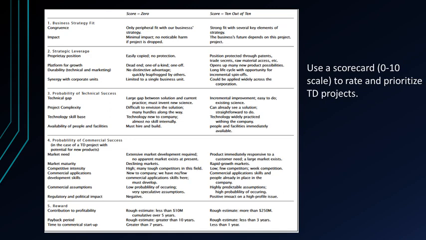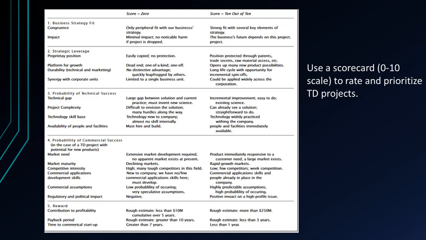Score 0 for technology skill base: technology new to company, almost no skill internally. Score of 0 for availability: must hire and build. Score 10 out of 10 for technical gap: incremental improvement, easy to do, existing science. For project complexity, 10 out of 10: can already see a solution, straightforward to do. Technology skill base, 10 out of 10: technology widely practiced within the company. Availability of people and facilities, 10 out of 10: people and facilities immediately available.